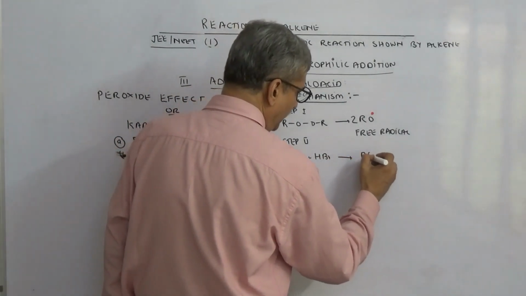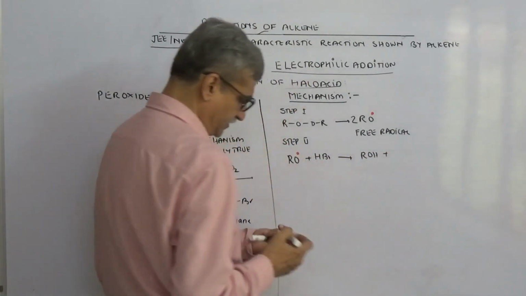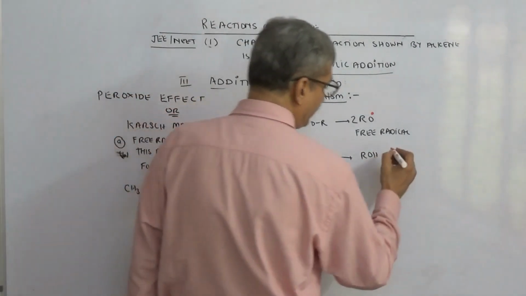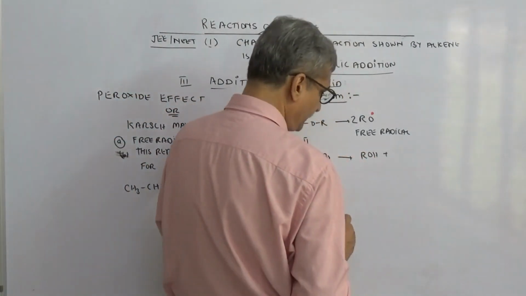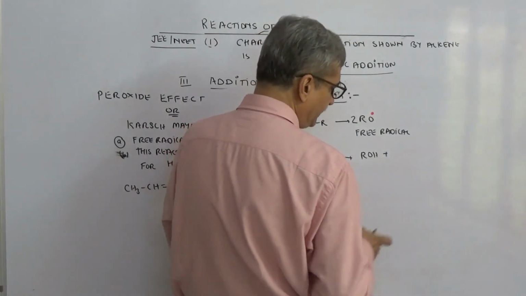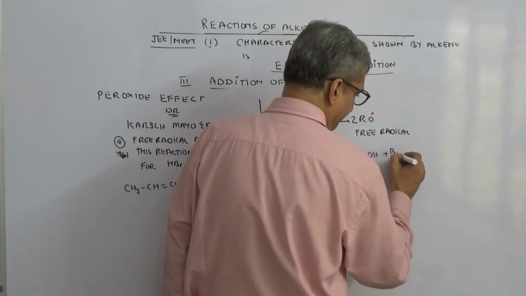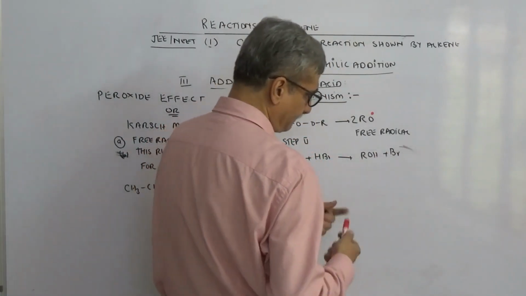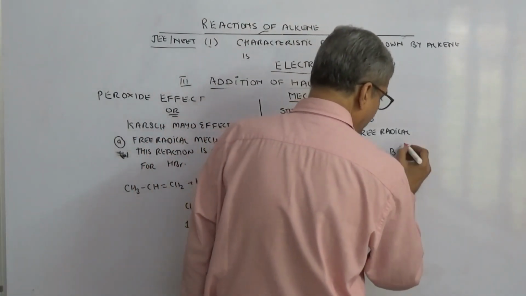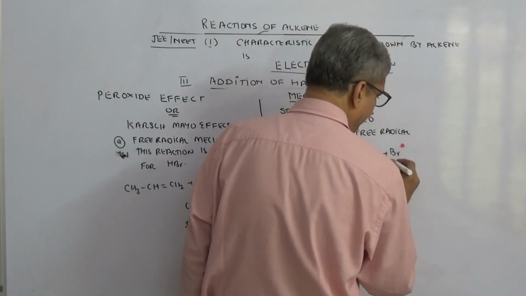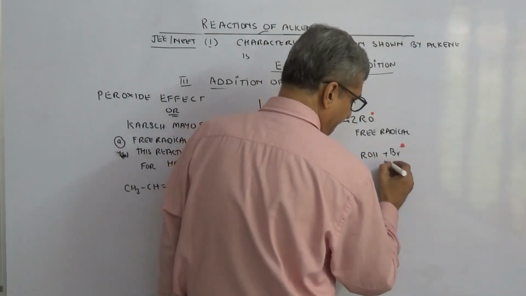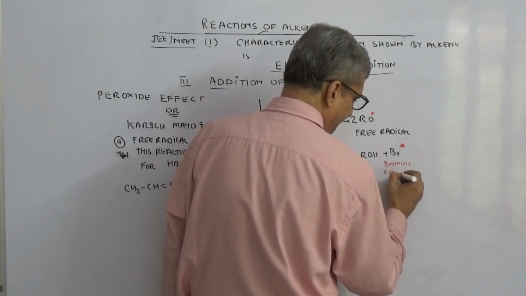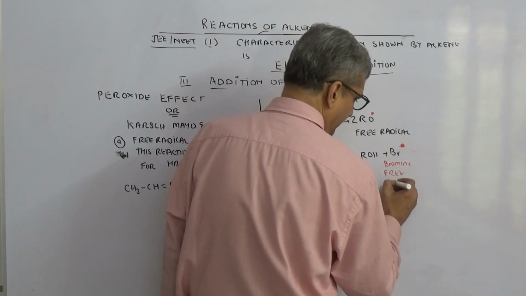It forms ROH, leaving behind a bromine free radical. Now this is the bromine free radical.